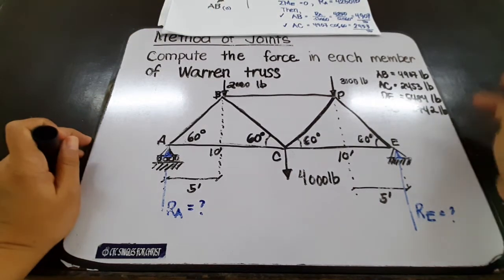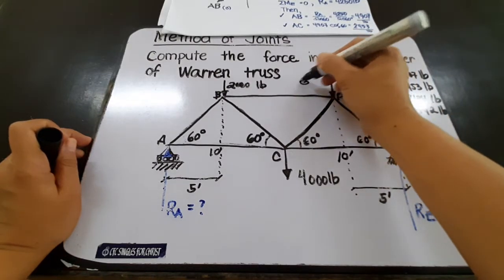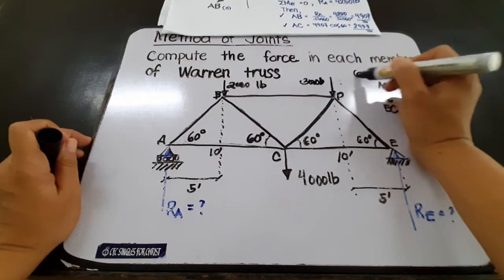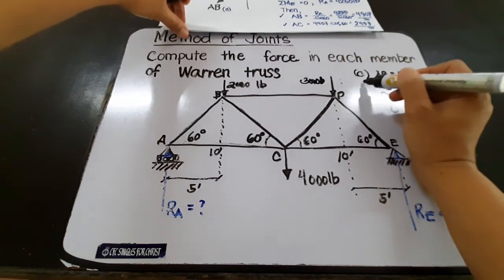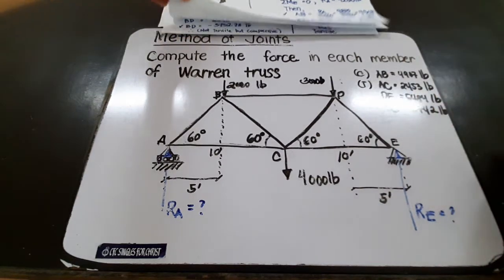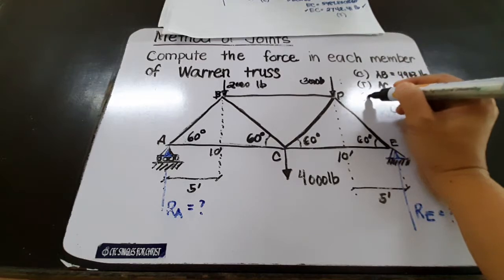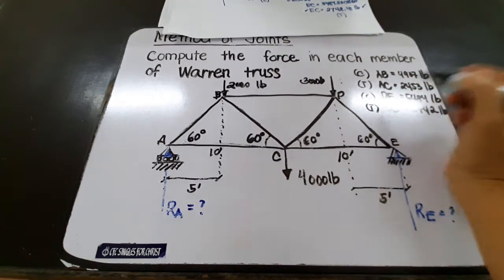So I should have noted that. Okay, so this is 3,000. AB is compressive. AC is tensile. DE is compressive. And EC is tensile.